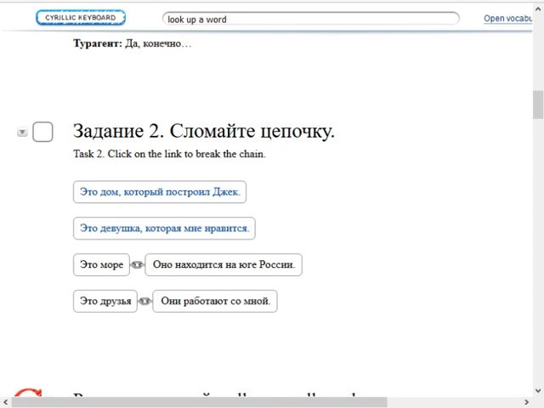Она находится на юге. Море is neuter, and so that's why it's она. It flows to the south of Russia, and then you click on it, it becomes this is the sea which flows.